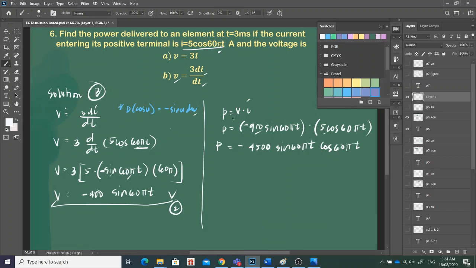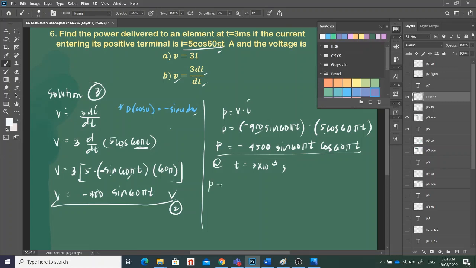Ngayon, this is another power equation. Kailangan natin makuha yung exact na power na madedeliver dun sa ating element at time equals 3 times 10 raised to negative 3 seconds.